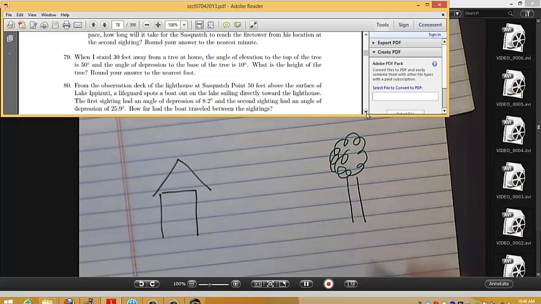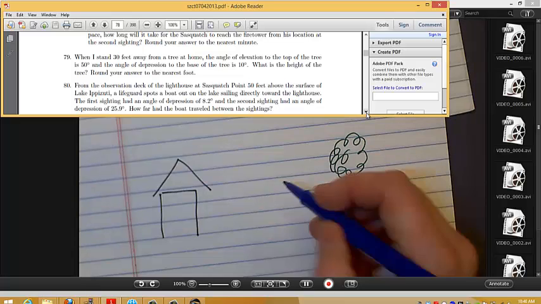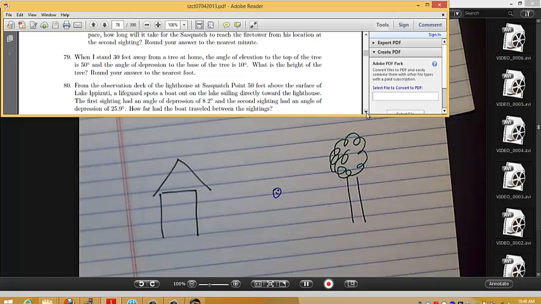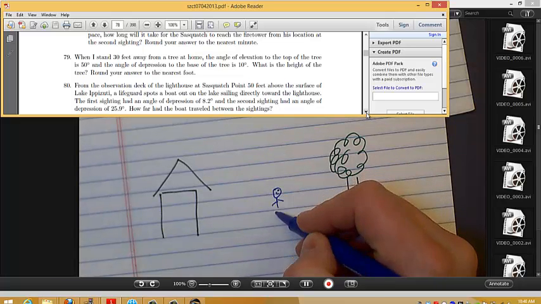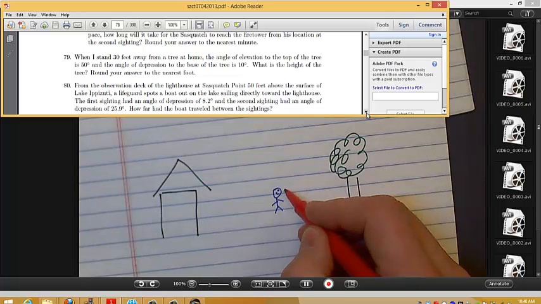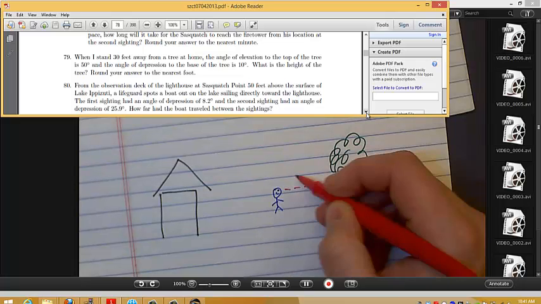Now, it says I'm standing 30 feet away. So here I am. Kind of floating in the air, actually. All right, let me make myself standing. There we are. And I am 30 feet away. Right? And I'm going to then talk about what's called the angle of elevation to the top of the tree.